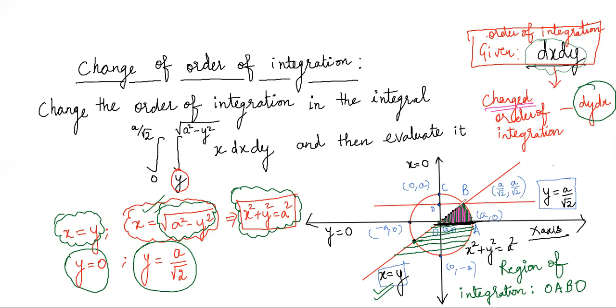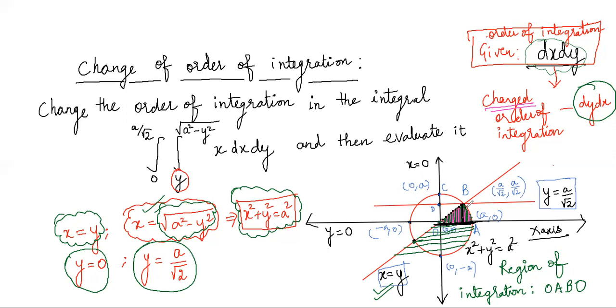Then this, then this, then this. So we have reached up to this strip in this region. Let us move ahead, because the region has not yet been covered.